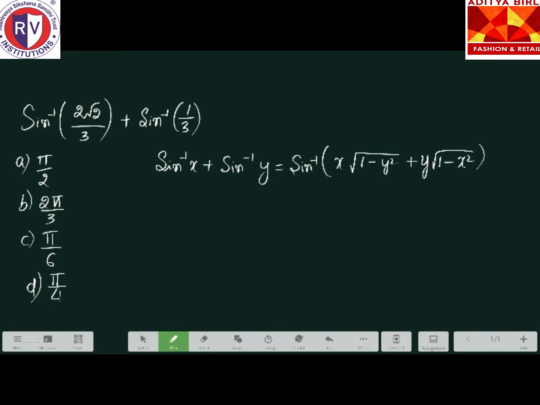So here the x is 2 root 2 divided by 3 and y is 1 by 3. So let us substitute it.